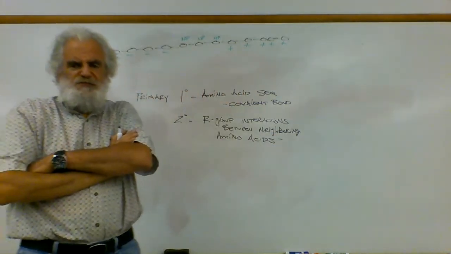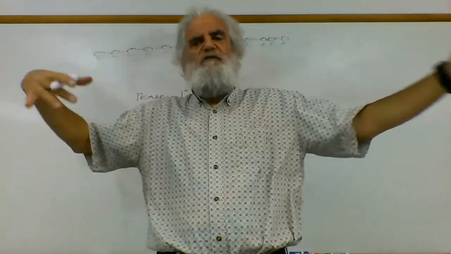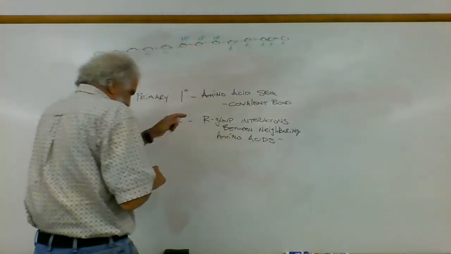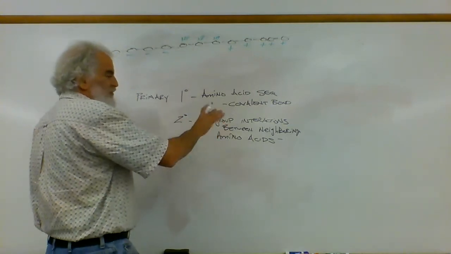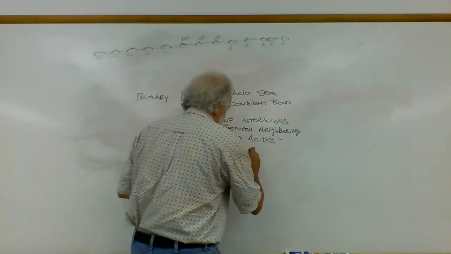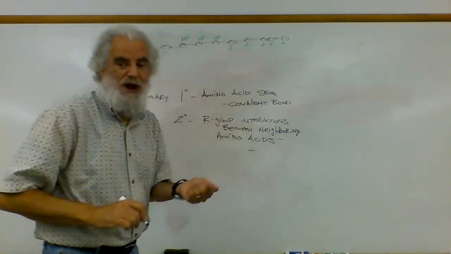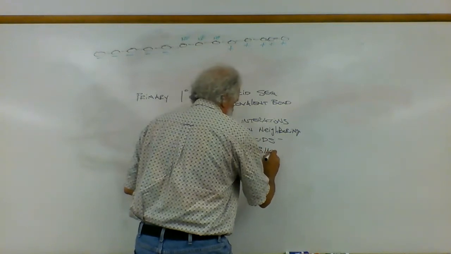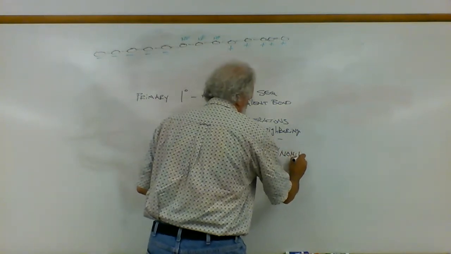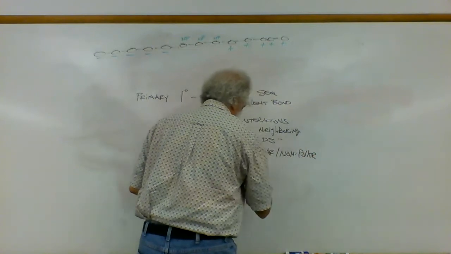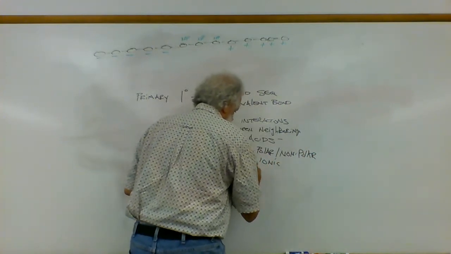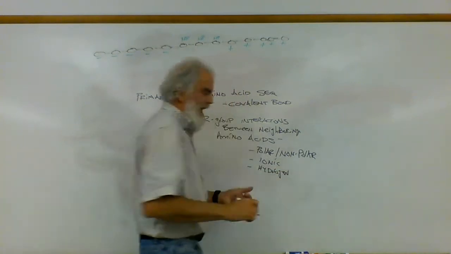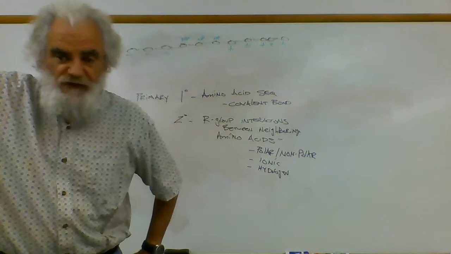Neighboring is probably the guys like 4 or 5 amino acids around you. Just to skip ahead a bit, the bonds responsible for this are primarily our way weaker bonds: polar, non-polar interactions, ionic bonds, and hydrogen bonds. And remember, these are our really weak bonds.